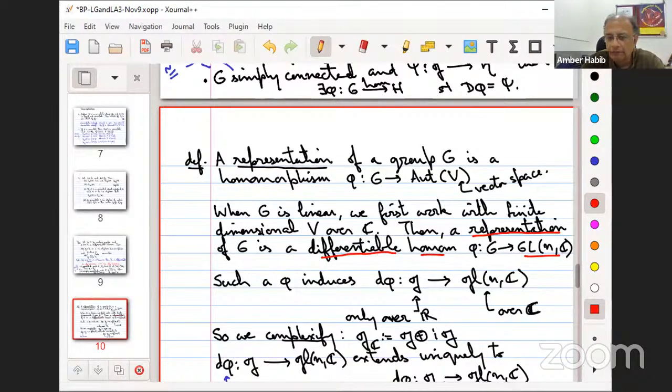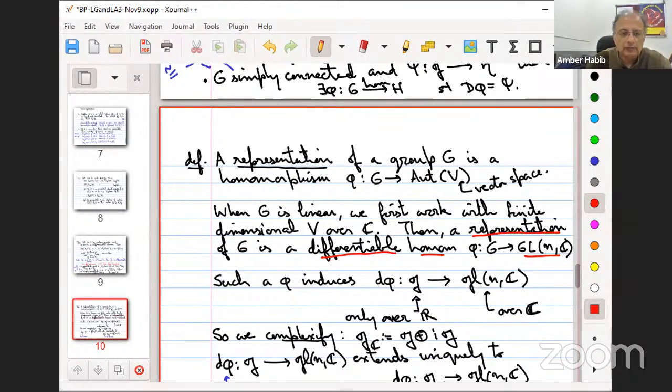And such a map will induce a linear map from the Lie algebra of G to the Lie algebra of GL_n(C), which I'm denoting by little gl_n(C). These are just all the n by n matrices. And this would be a Lie algebra homomorphism between the two. We have already seen that.